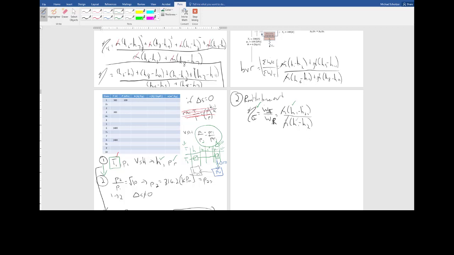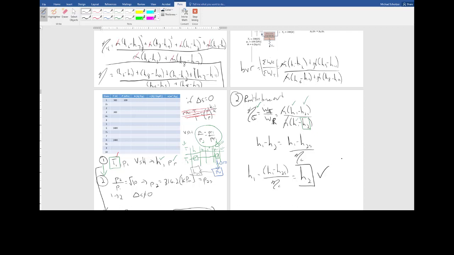We now know H1 and we know H2S. So I'm just looking for H2. Here I get that H1 minus H2 is equal to H1 minus H2S over the efficiency of the compressor, or that H1 minus H2S over the efficiency of the compressor is equal to H2.